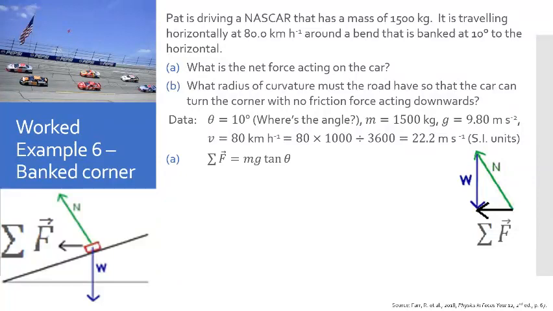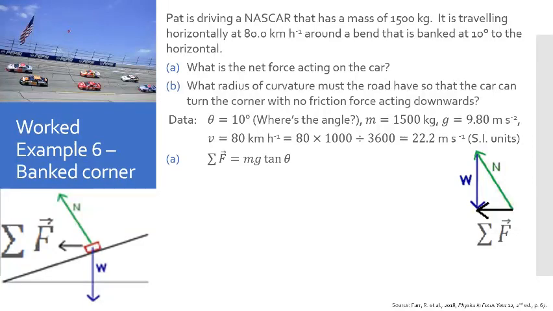And here's the formula we're going to use, that the sum of the forces equals mg tan theta. Just show yourself how that works with the vector diagram on the right hand side, with theta being the smaller of the two acute angles. The opposite then is the sum of the forces, the resultant force, and the adjacent is W, the weight, mg.